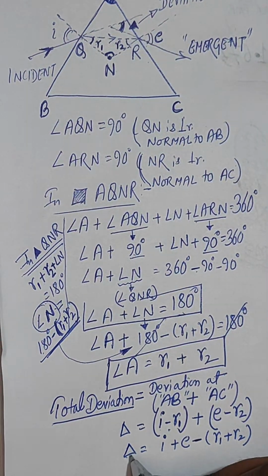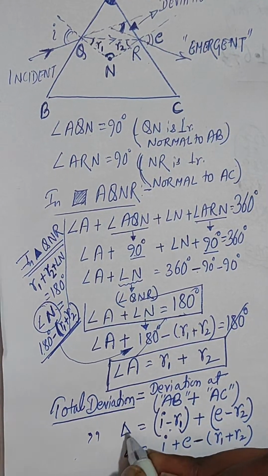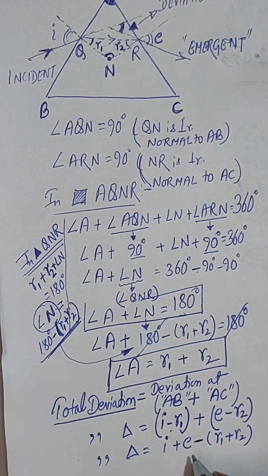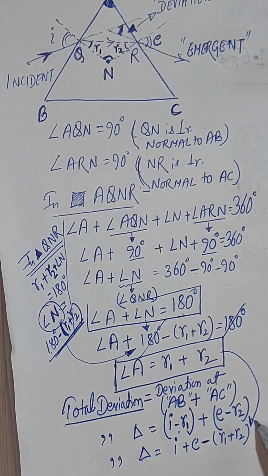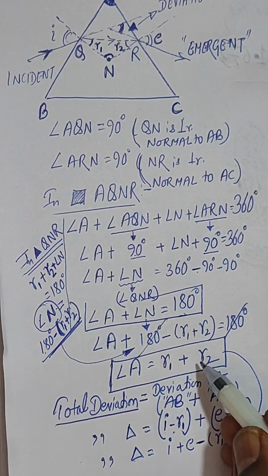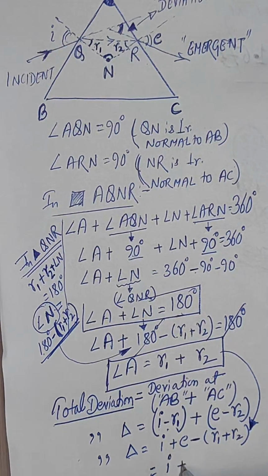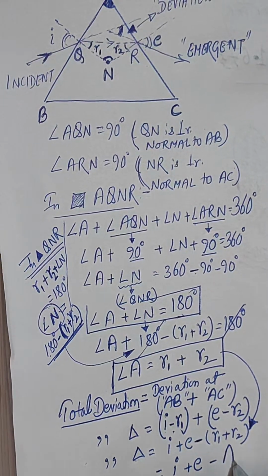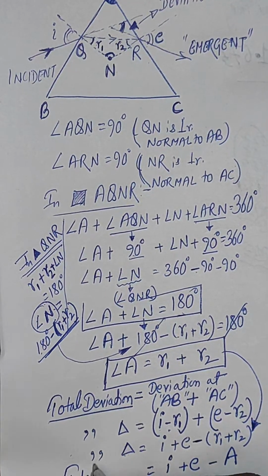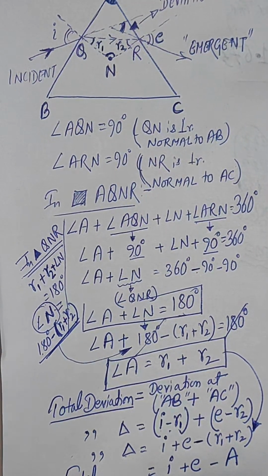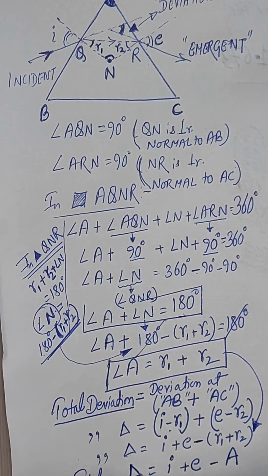So this is the total deviation delta, and R1 plus R2 can be substituted from here as equal to A. So can we write I plus E minus A is the total deviation delta.